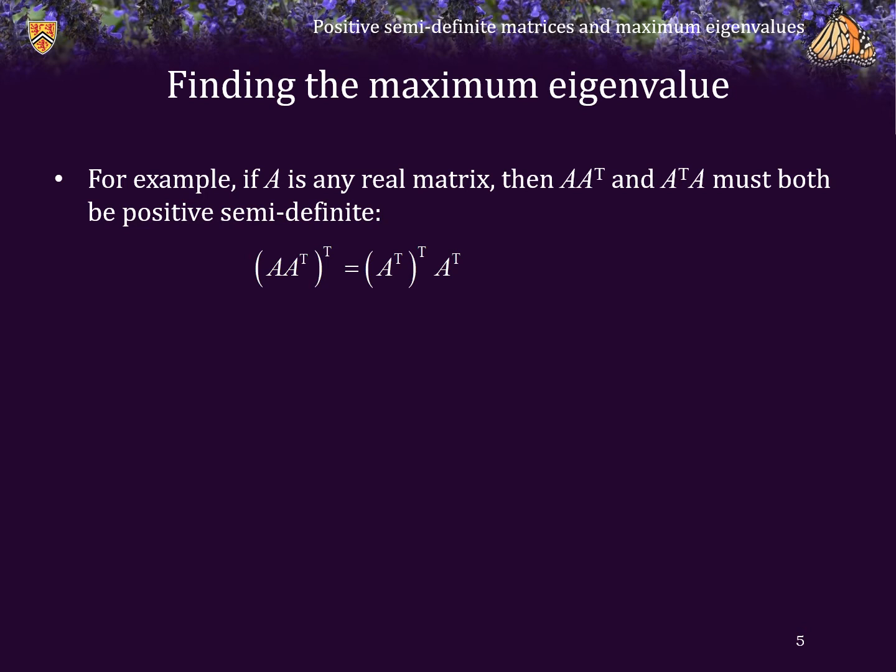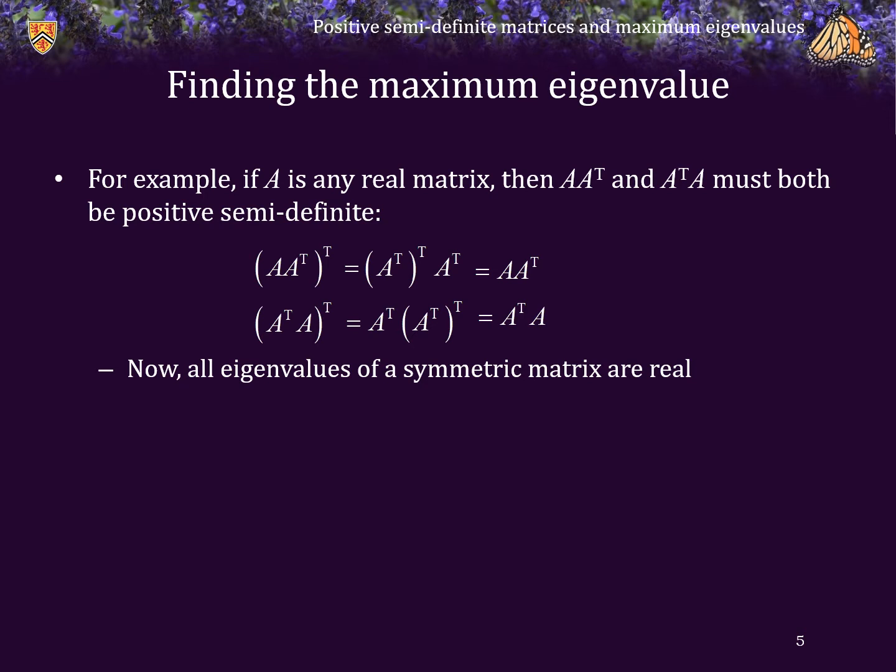However, the transpose of the transpose is the matrix itself. So we see that the matrix is symmetric. It works the same with the other matrix, A transpose times A, all transposed. Reverse the order, transpose each of the operands, and again, the transpose of the transpose is the matrix itself.